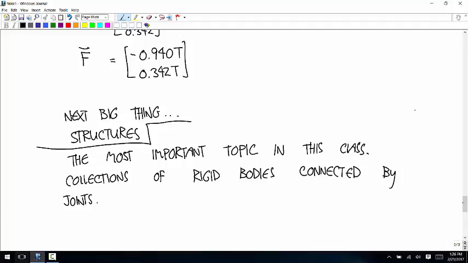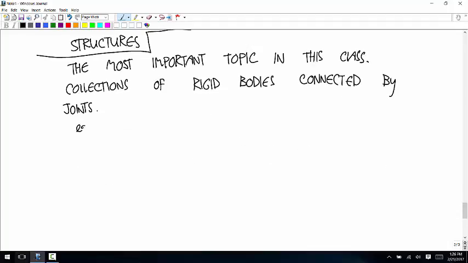Okay, well, let me give an example. So, for example, you could have a bunch of rigid bodies connected by pin joints. All these dots are supposed to be pin joints.